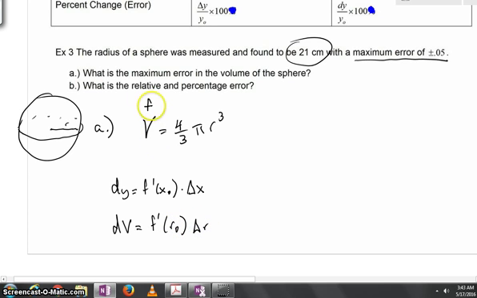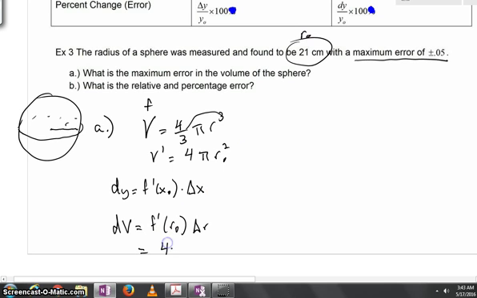Well, if this is our f, let's go ahead and take a derivative. You'd bring down a 3, and that would cancel, and you'd have 4 pi r squared. And that's really what we're going to have for our f prime. Now our r naught is 21.